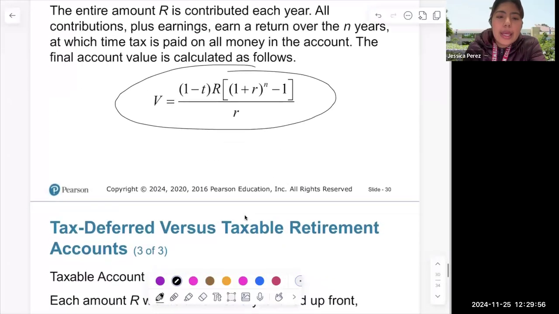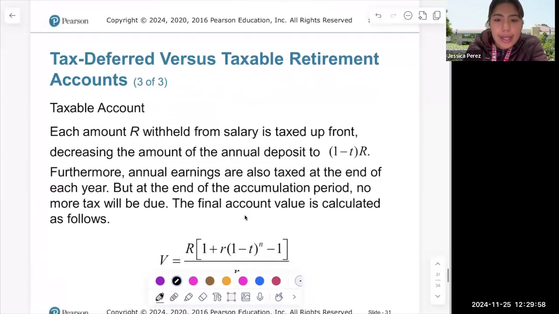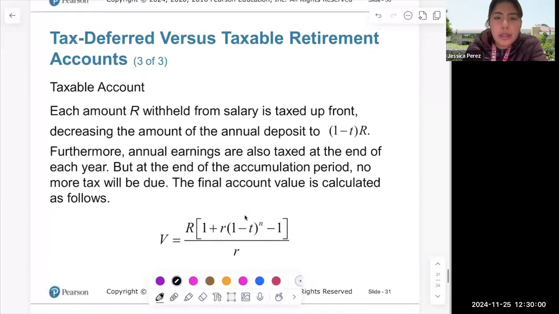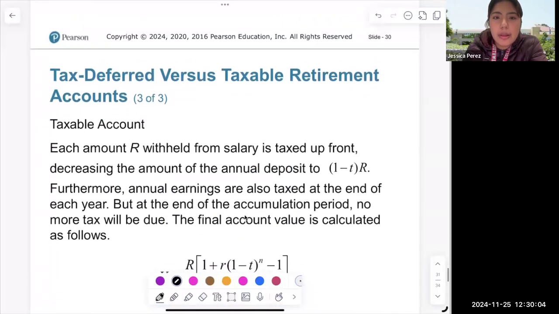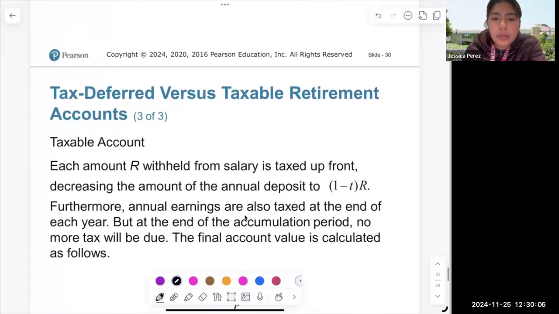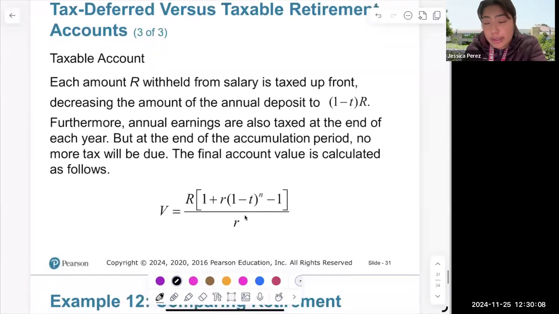Whereas the taxable account has a different formula. They look the same, 1 minus T, but now look at the R on the outside. They're different. Each amount R withheld from salary is taxed up front, decreasing the value of the amount deposited to 1 minus T times R. Furthermore, annual earnings are also taxed at the end of each year, but at the end of the accumulation period, no more tax will be due.